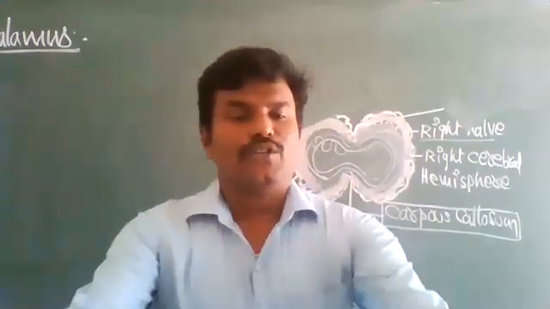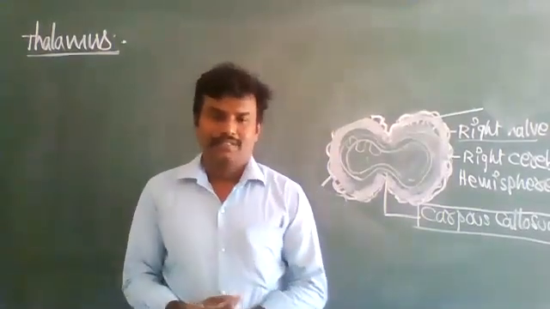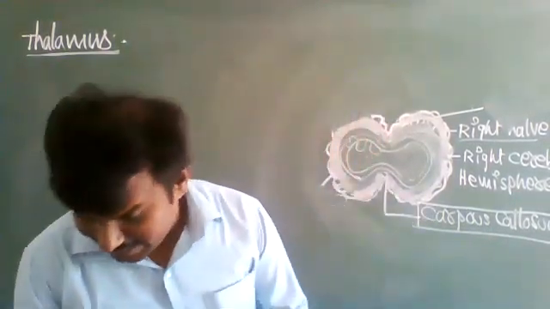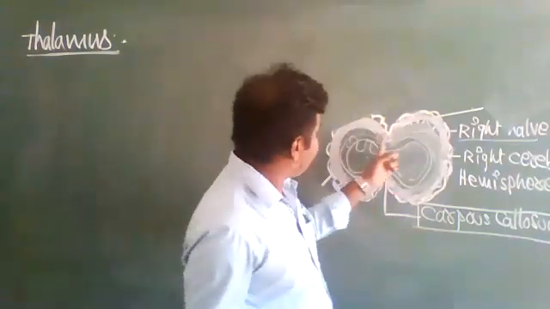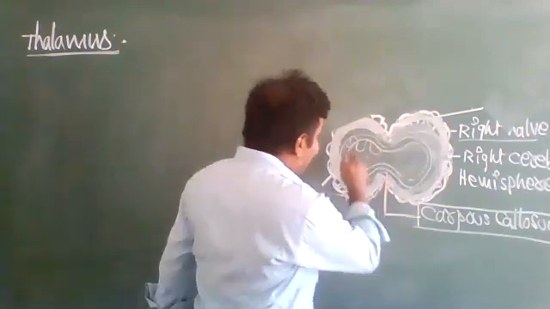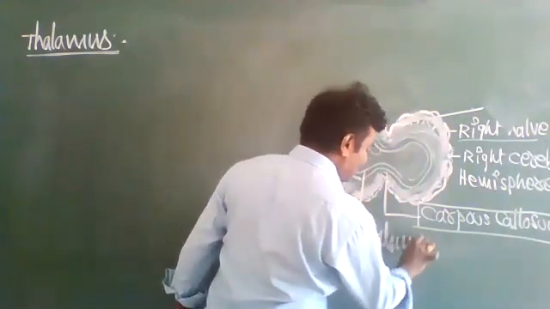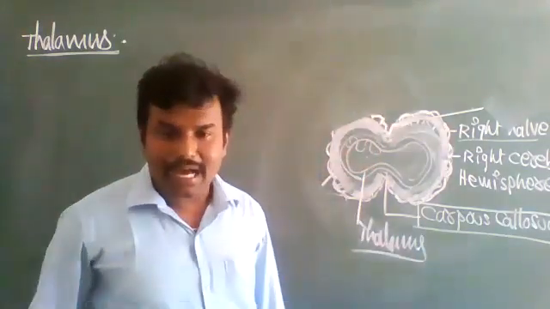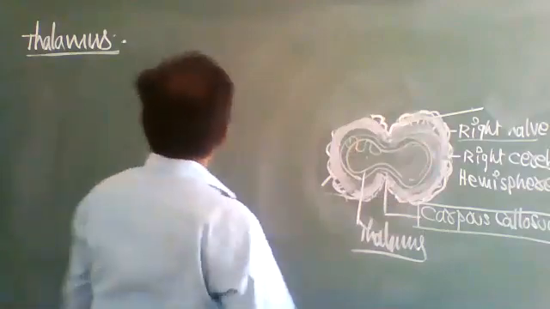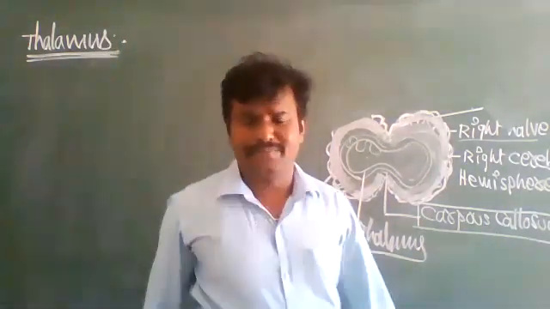Now I will talk about the thalamus. This is the cerebrum, and the cerebrum wraps around the thalamus. This is called the thalamus.